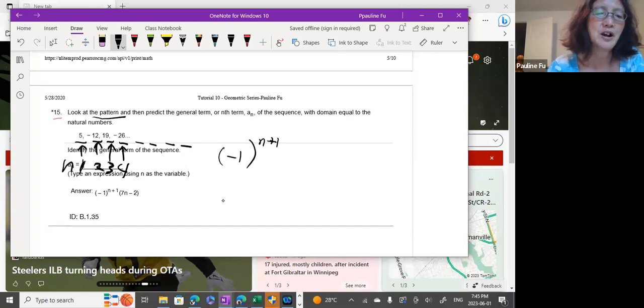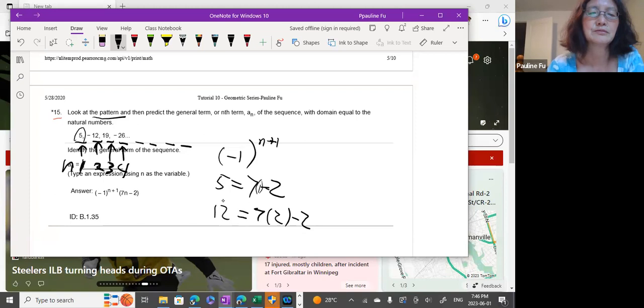So for example, how do you get number 5? Number 5 is in position 1. So number 5 could be 7 minus 2, and 7 could be 7 times 1. 1 is n. And how do you get 12? 12 could be 7 times 2 minus 2. And how do you get 19? 19 could be 7 times 3 minus 2.